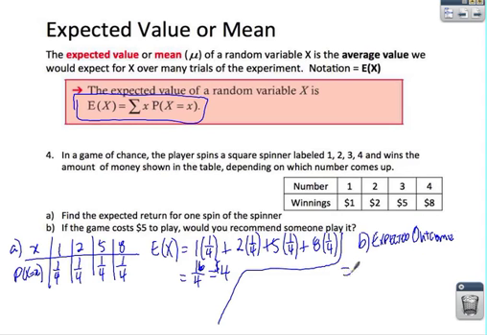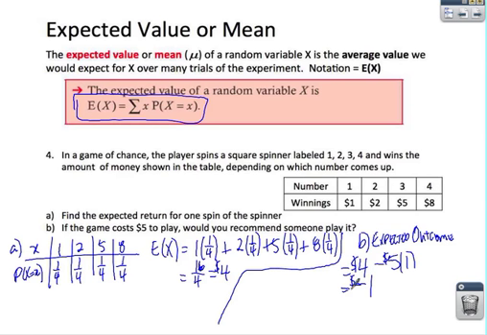Again, you're expecting to win $4 every time, but if you're playing, it's a sure thing, so it's going to be $5 times 1, and so on every play of the game, you can expect to lose $1. So this would not be recommended to play because going into the game you can expect to lose $1.